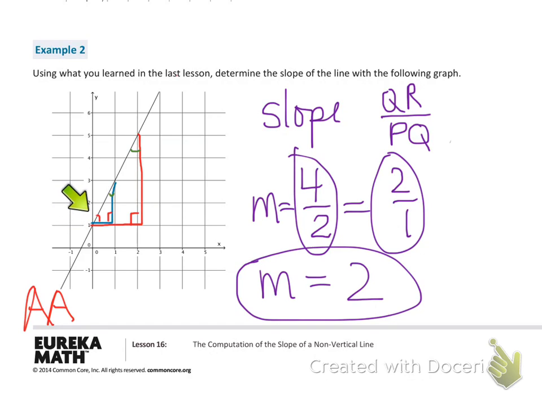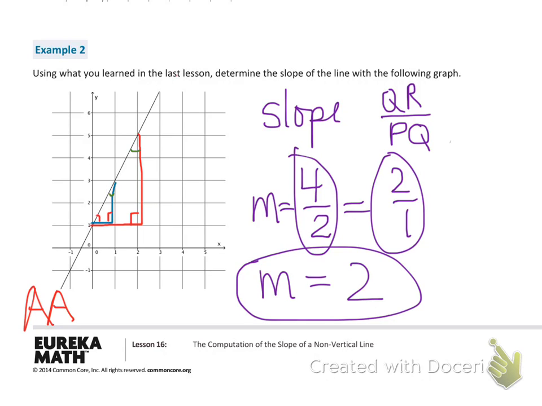So why am I saying all this? Well, if these triangles are similar, then the ratios of corresponding parts will be similar. So what this means is important. It means that we can calculate the slope using any 2 points on the line.